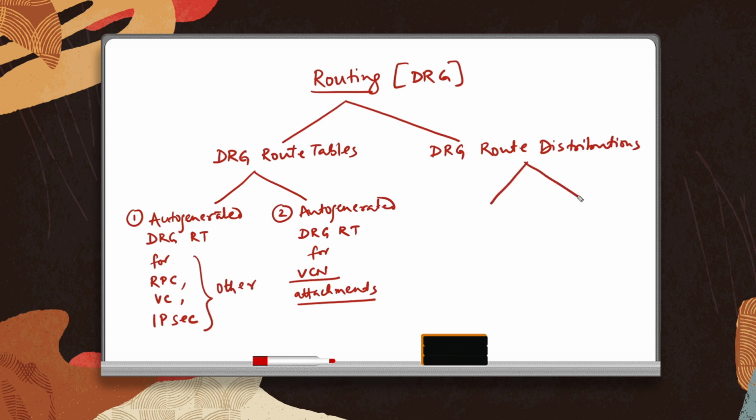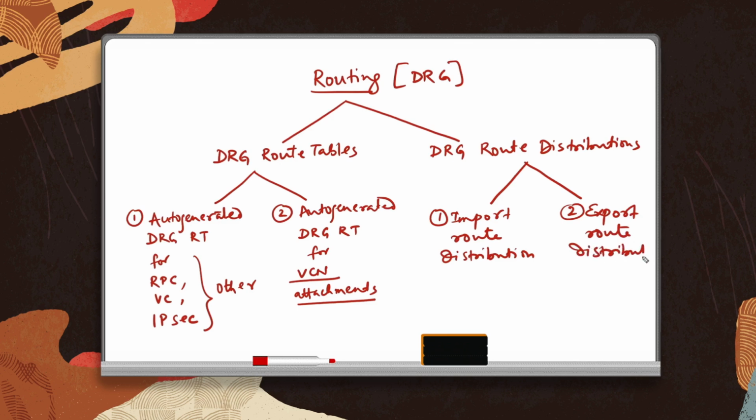We also have two types of DRG route distribution. The first one is import route distribution, and the second one is export route distribution.